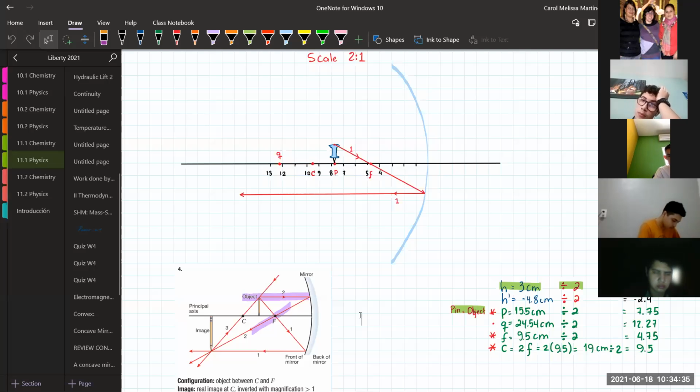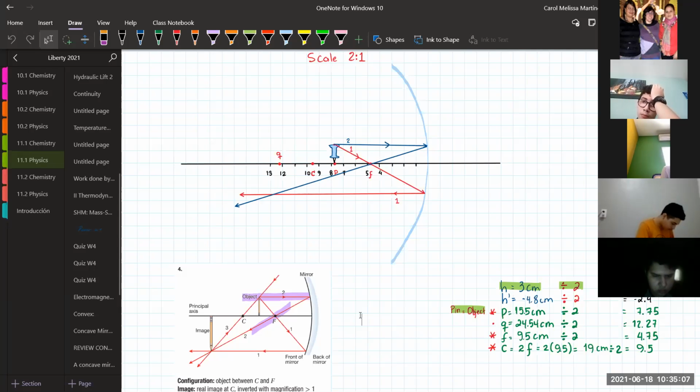So from the top of my object, horizontally, I touch the mirror. This is ray number 2. And then the ray is reflected, passing through the focal point. Okay, like that.